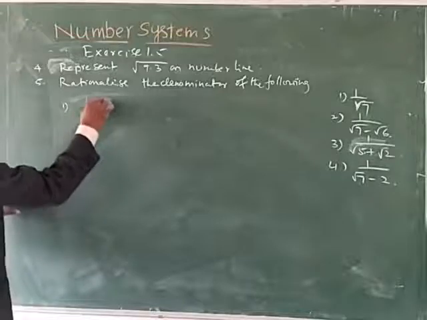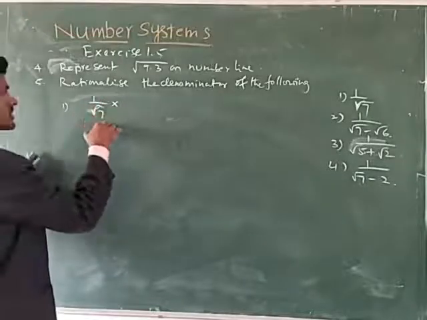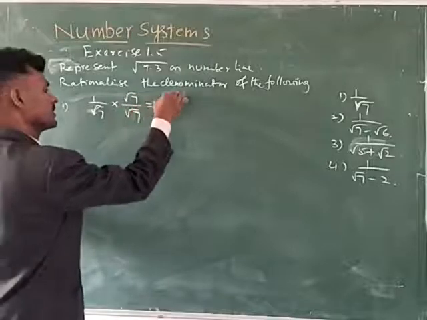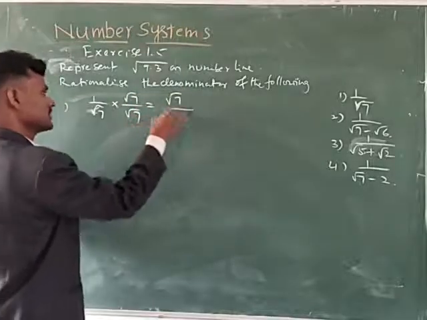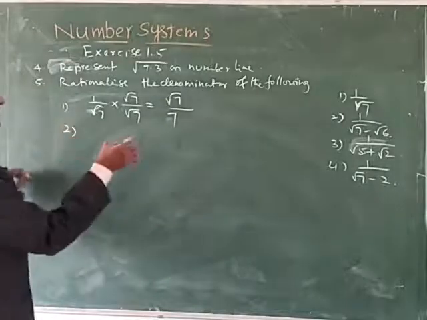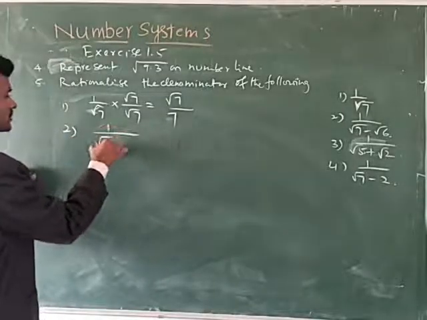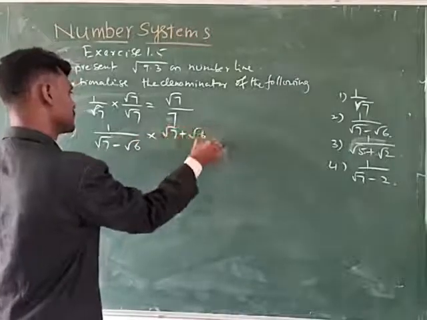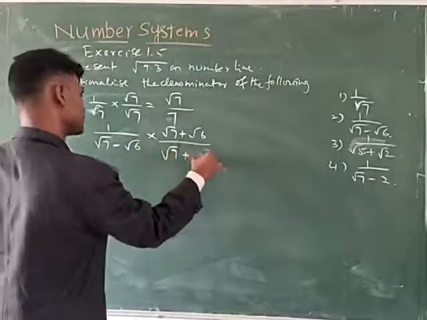Here, which number do you have to multiply so it becomes a rational number? Here root 7, the rationalizing factor. Here root 7 by root 7 into root 7, 7 only. Root 7 whole square is 7. Then second one is 1 by (root 7 minus root 6). Here multiply by (root 7 plus root 6) by (root 7 plus root 6).